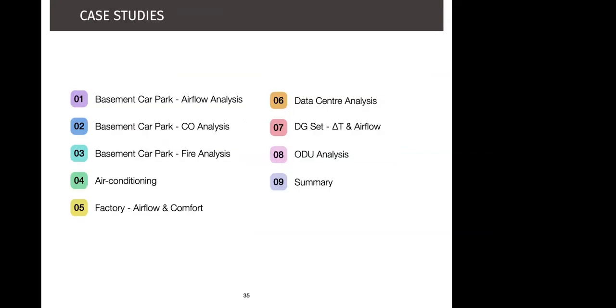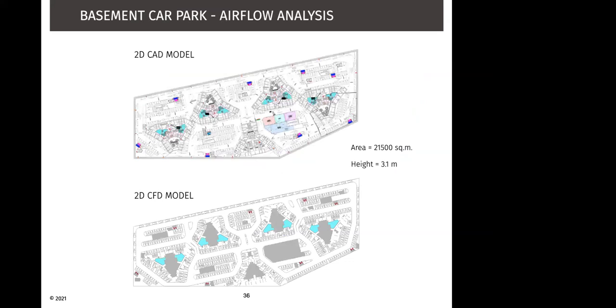I'll just go through some case studies to show how you can utilize CFD for built environment and how you can use it to understand the problem and to rectify it and to have an optimum solution right at the design stage without having to do any structural changes. So the first case study that I'll go through is the airflow analysis.